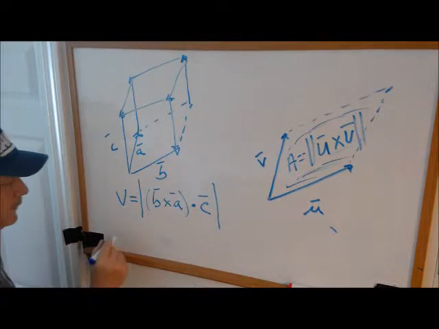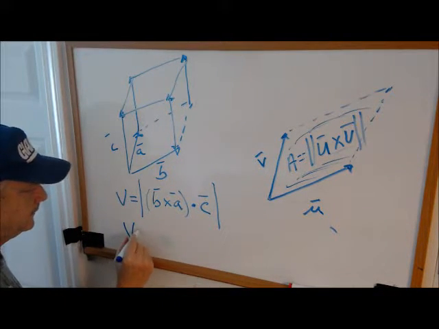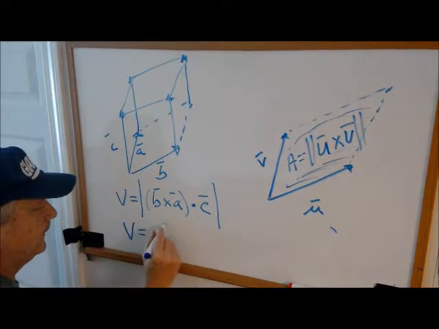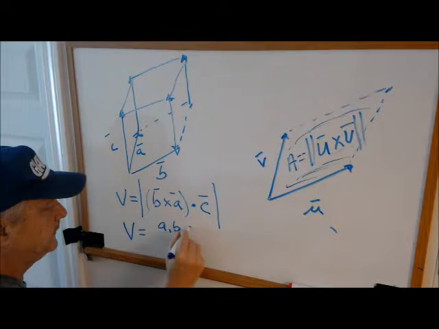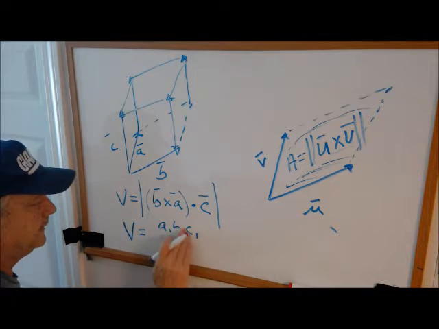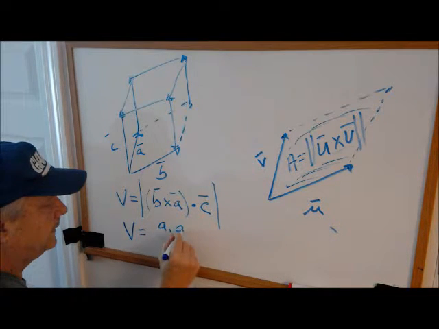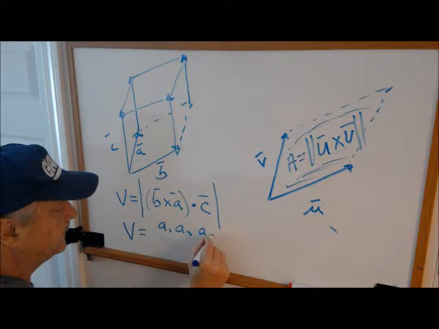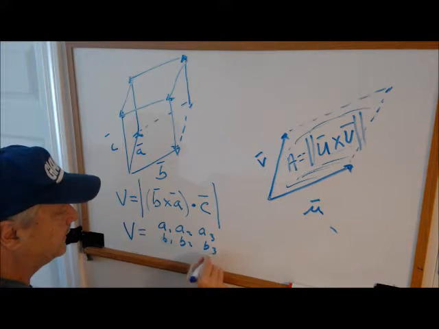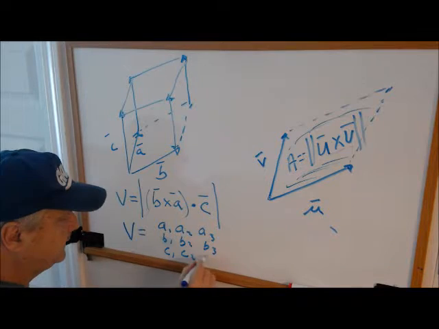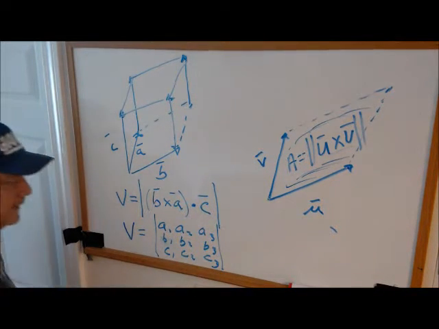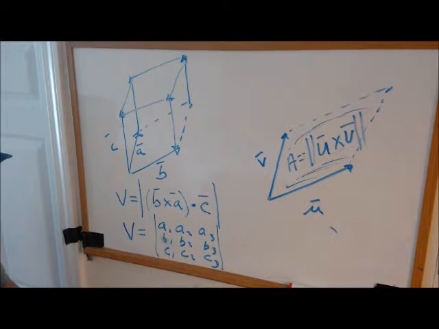All right, now you'll see one more formula, typically in books. Instead of doing this, we could simply do A1, B1, C1. Oh, I'm sorry, that's not right. A1, A2, A3, B1, B2, B3, C1, C2, C3, and take its determinant in the normal sense.